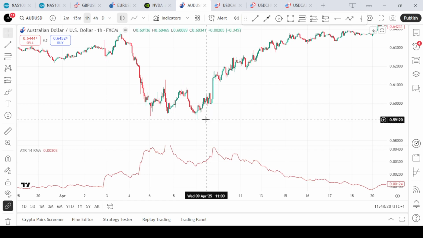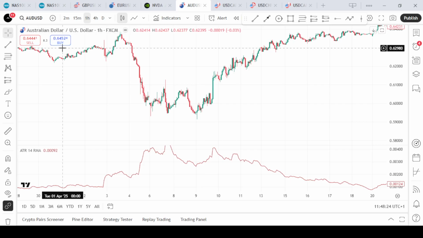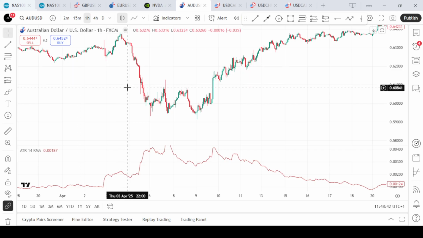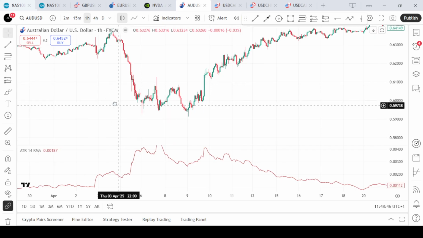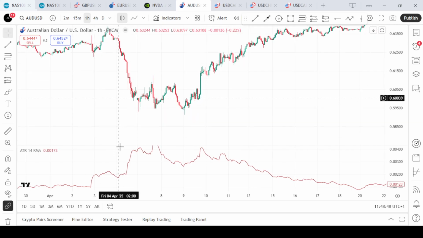We start by understanding what the ATR breakout strategy is, and it is the average true range breakout strategy. This uses the market volatility to identify specified price movements beyond normal trading range. The ATR indicator measures volatility by calculating the average range of price movements over a specific period, typically 14 period.